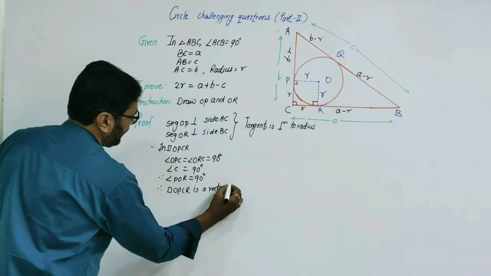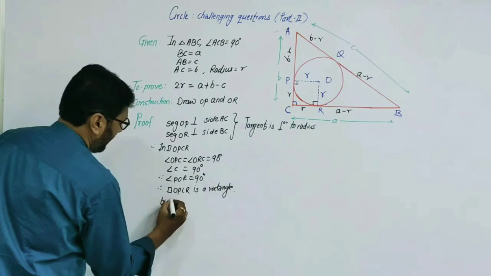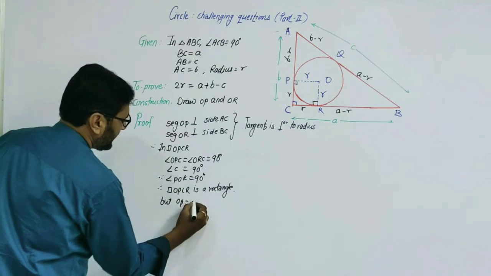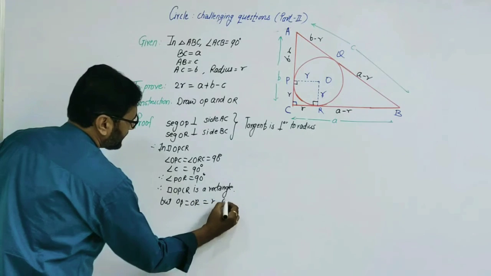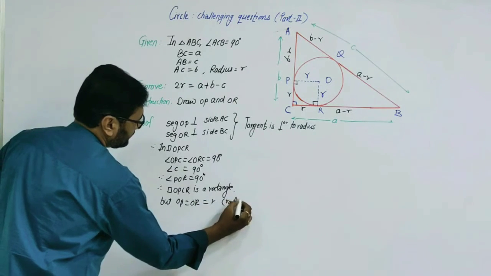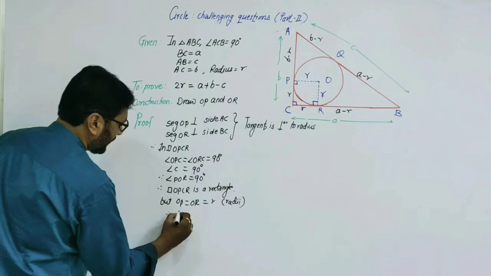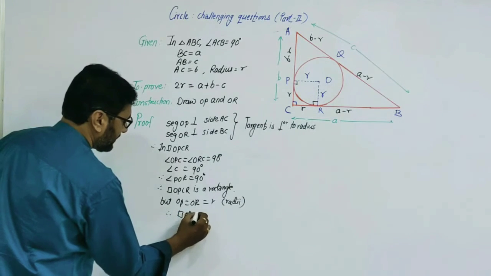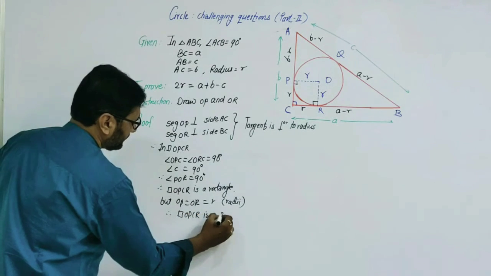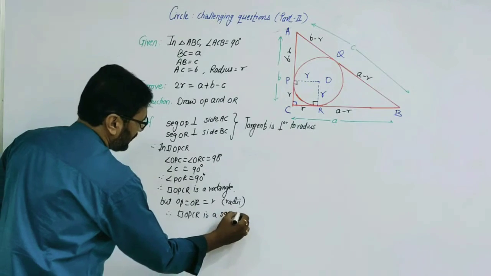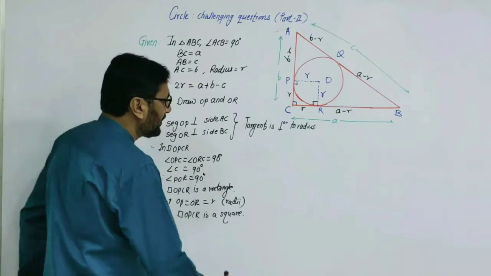But students, we know OP is equal to OR is equal to R, radii of same circle. So this quadrilateral is a square. So all the sides of the square are equal.